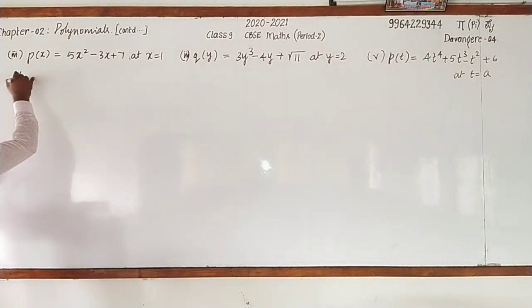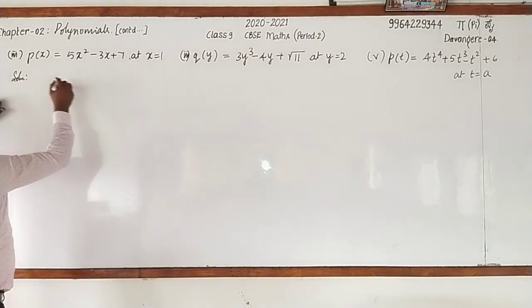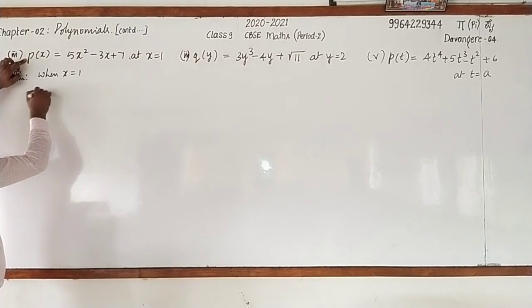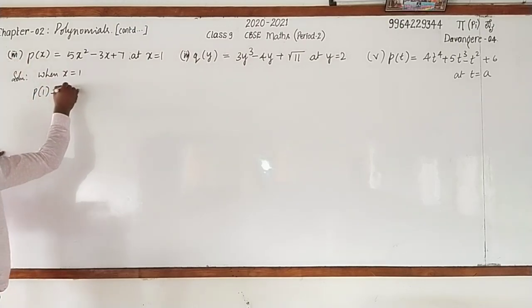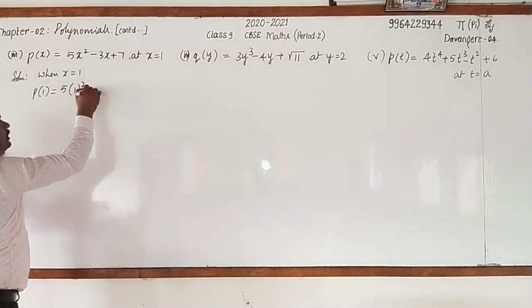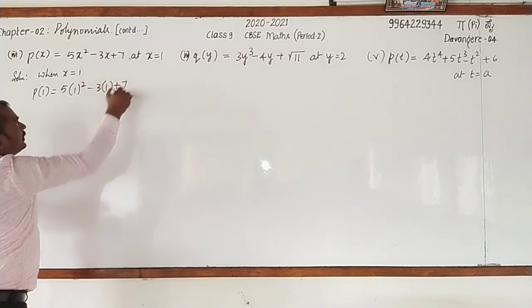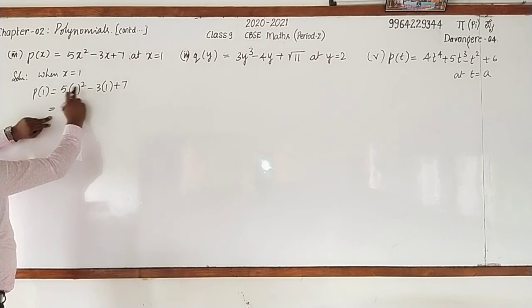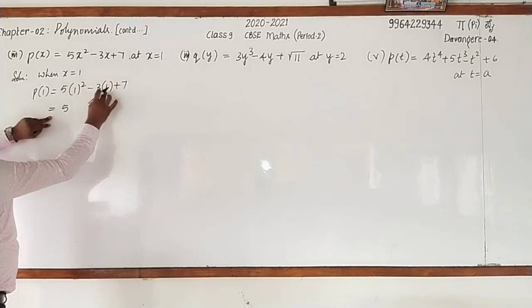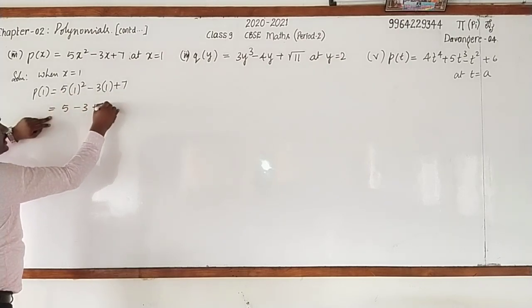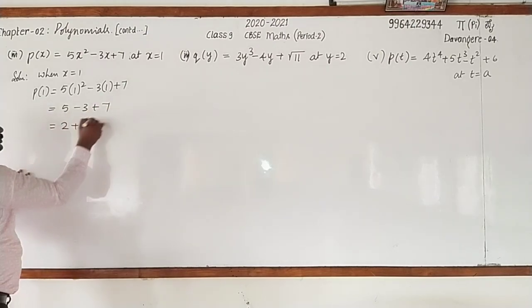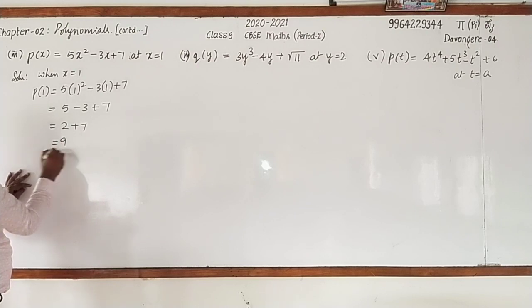When x equal to 1, p of 1 equal to 5 into 1 whole square minus 3 into 1 plus 7. What is 1 square? 1. 1 into 5? 5. Minus 3 into 1? Minus 3 plus 7. Then 5 minus 3? 2. 2 plus 7, it is 9. So P of 1 is 9.